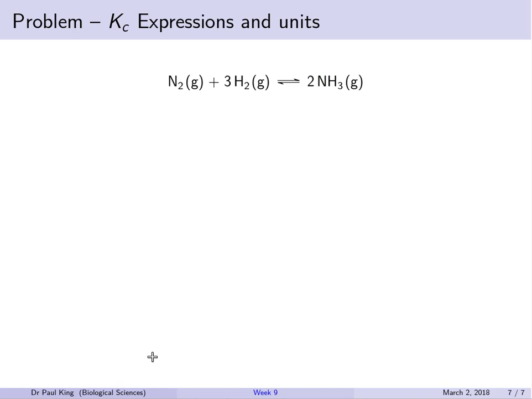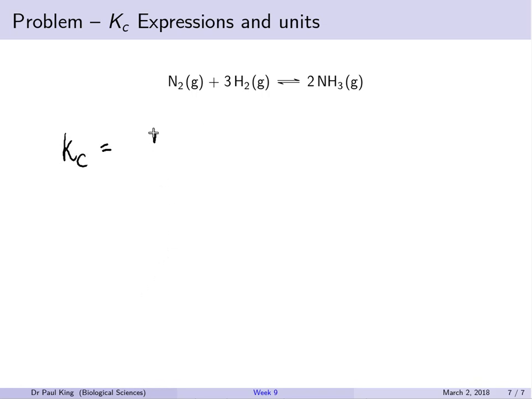Our final example here is the chemical equation that is used to depict the formation of ammonia from nitrogen gas and from hydrogen gas. It's homogeneous, so everything's in the gas phase, and so we're going to proceed exactly as we've done before to write down our expression for Kc.